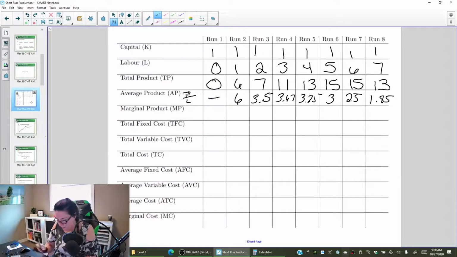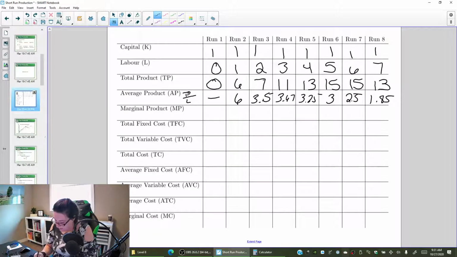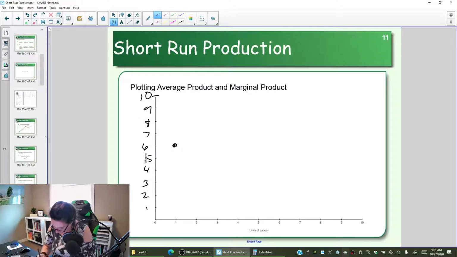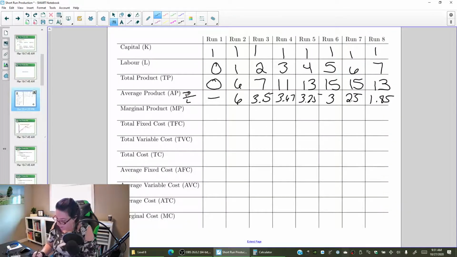Okay, and so we found when there was 1 worker, we were at 6. And we found that at 2 workers, it's 3.5. And then we see we go up to 3.67.